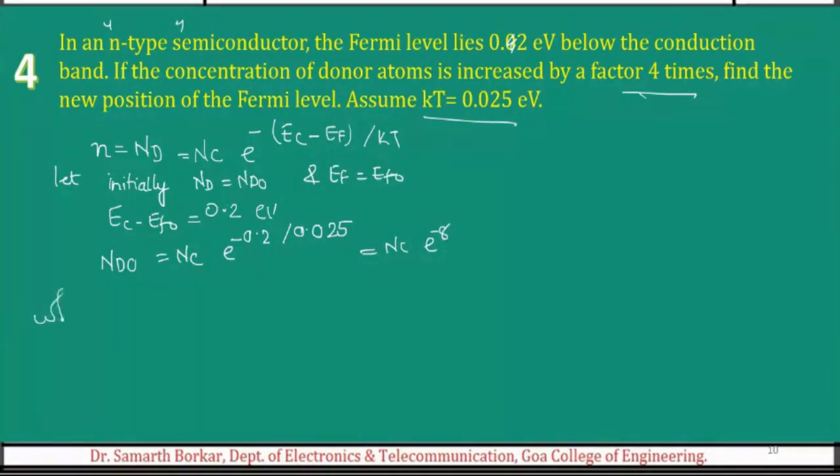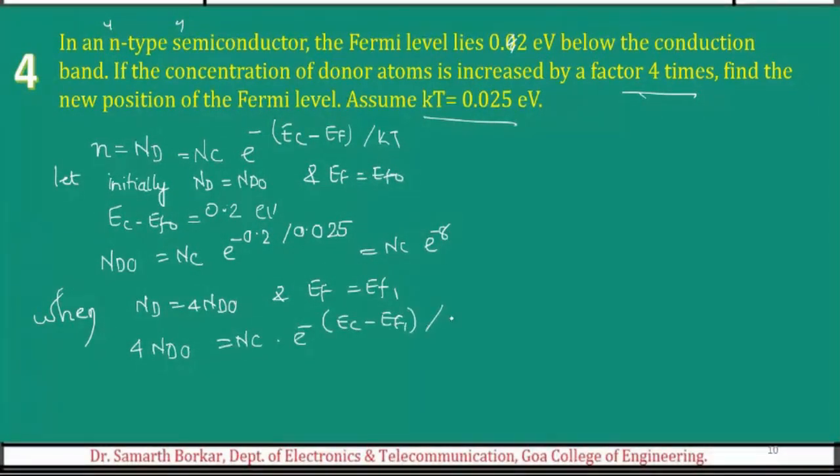Now for the second case, ND is 4 times the initial condition, and similarly we can write the new Fermi level as EF1. Okay, so 4 times NDO equals Nc into e raised to Ec minus of EF1 by 0.025, the product of k into T, Boltzmann constant and temperature.